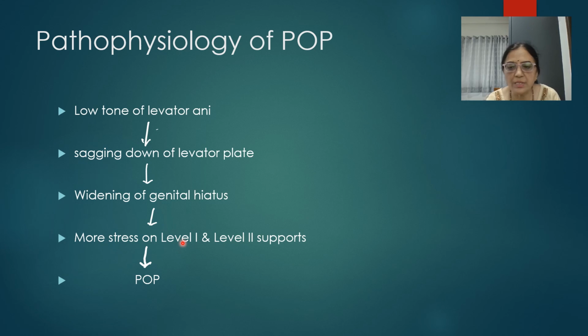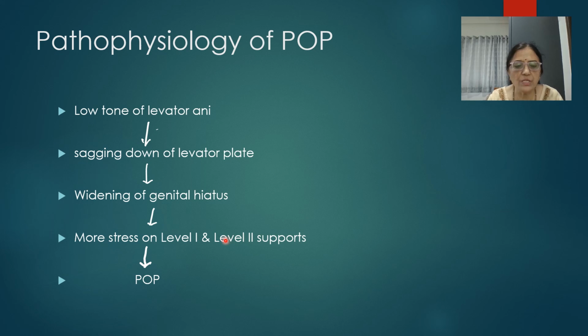Level 1 is, as we have already seen, apical support, the uterosacral and cardinal ligaments. And mid-vaginal is mainly the arcus tendineus fascia pelvis. The arcus tendineus fascia pelvis and the uterosacral and cardinal ligaments together act as suspensions.